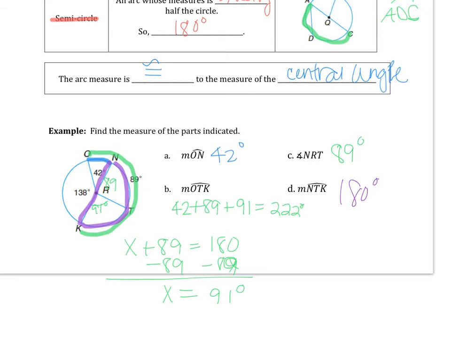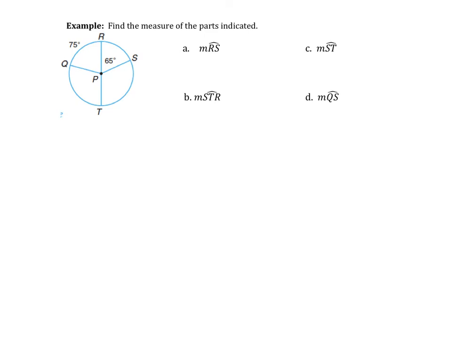All right, next example. Finding the measures of the parts indicated. I think in this one I'm going to go ahead and mark stuff that I already know. So I see this arc measure here of 75, so that means that central angle is 75. I also know that RT right here is a semicircle, so 75 plus x equals 180, as well as 65 plus x equals 180, because those are both semicircles.